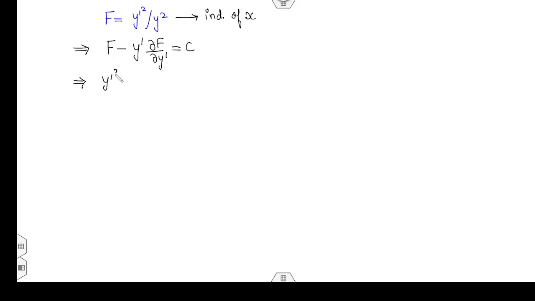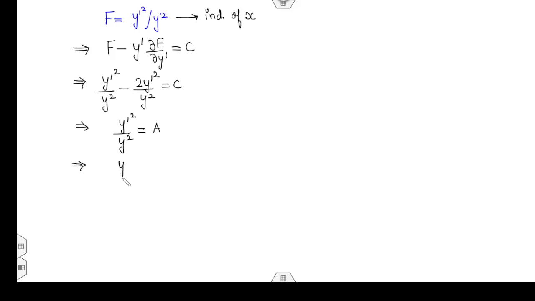Now you can substitute the value. It is y prime square divided by y square minus 2y prime square divided by y square, which is constant. Now if you subtract them, it is minus y prime square divided by y square, equal to a constant. I take the negative on the right hand side, minus of c, and call it a constant a.